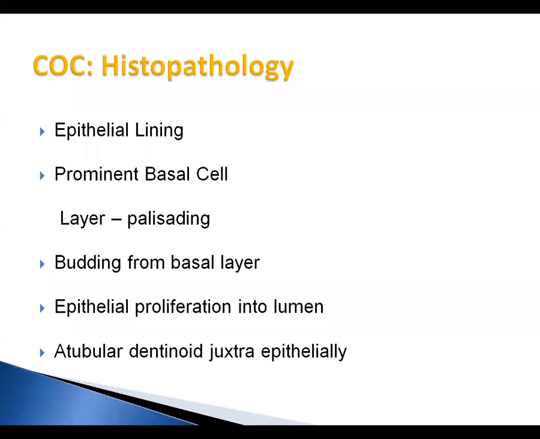So the lumen has stellate reticulum-like cells, and the epithelial lining contains a single layer of ameloblast-like cells. Underlying the epithelial lining there is tubular dentinoid or juxtaepithelial, dentinoid-like material, and after that the capsule, that means the fibrous wall.